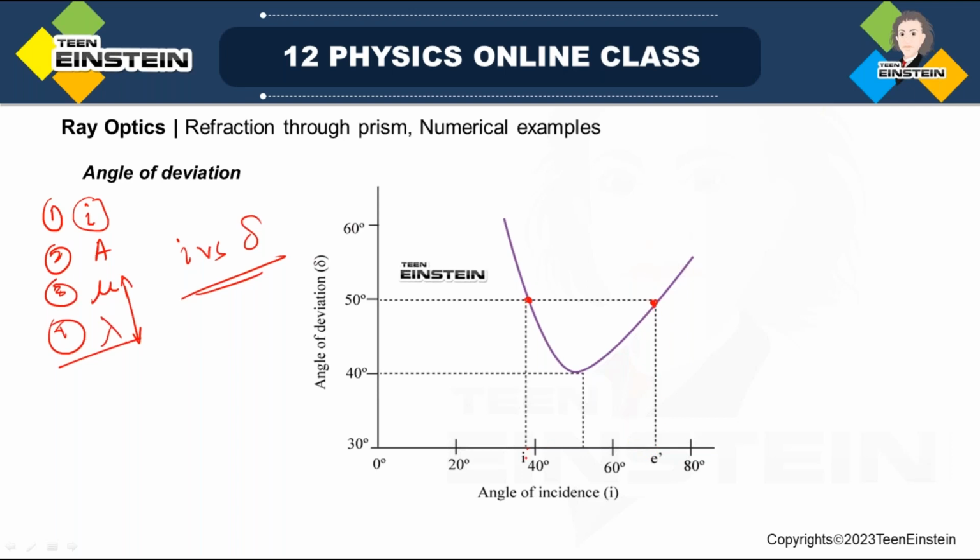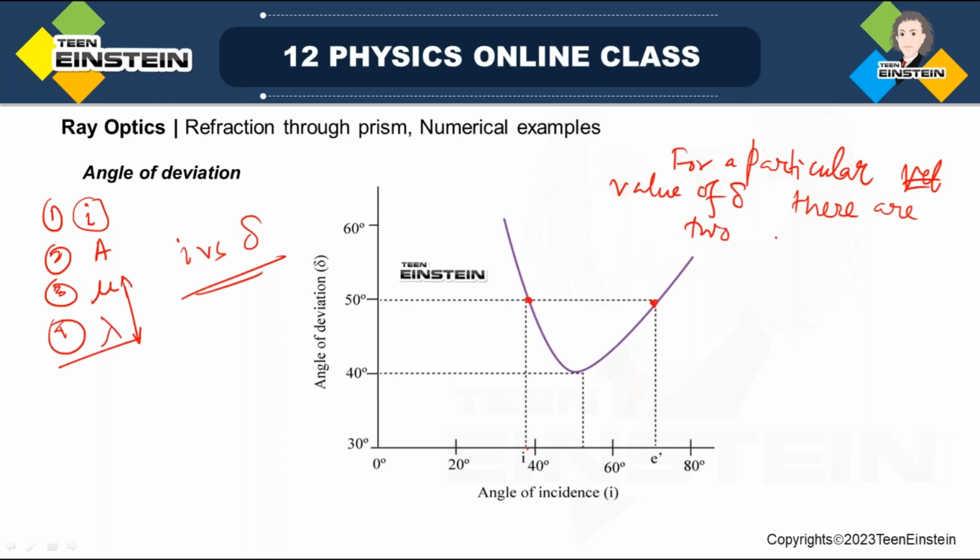So we can see that for a particular value of delta, there are two angles of incidence, because angle of incidence can be treated as angle of emergence.